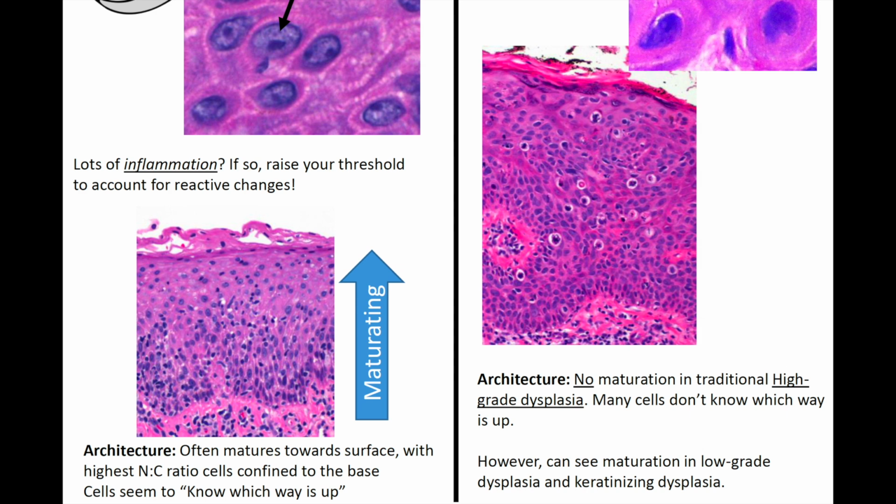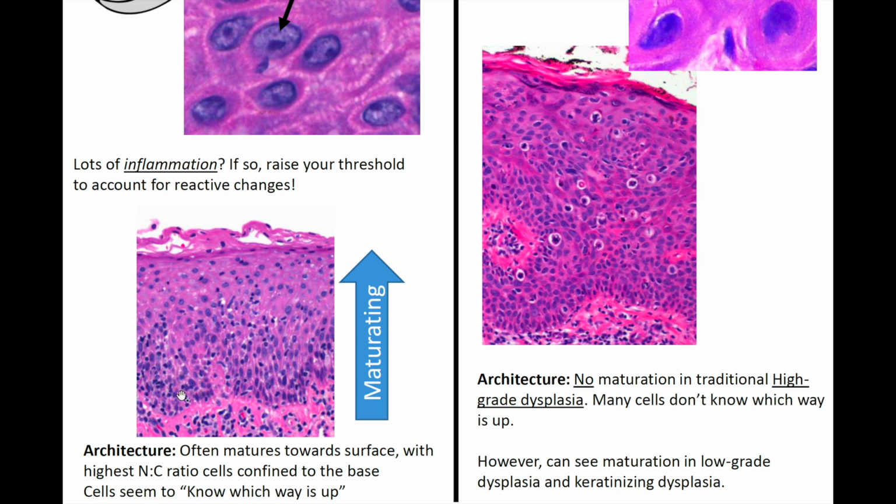Is this low grade? But you see a ton of neutrophils and a ton of inflammation. We're trained at my institution, like Dr. Schauberg says, to raise our threshold and account for that reactivity. It's going to be harder to get to dysplasia if there are a lot of neutrophils and a lot of inflammation in that area that can explain some of these cytologic changes.